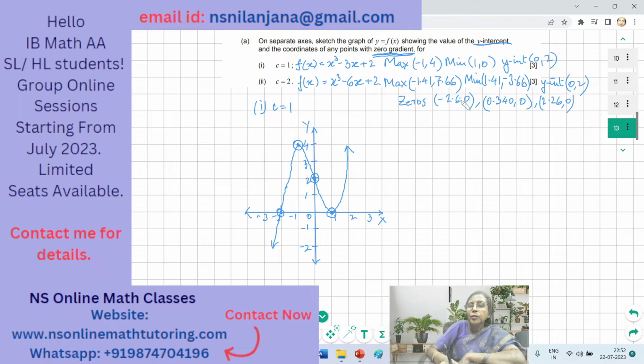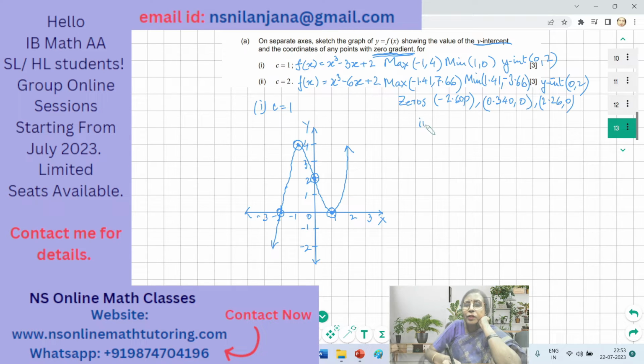Let me write 2.60 because I have taken every number so far up to three significant figures wherever we are having some decimals. So, fine, now we have to sketch c equal to 2. This one is c equal to 2.